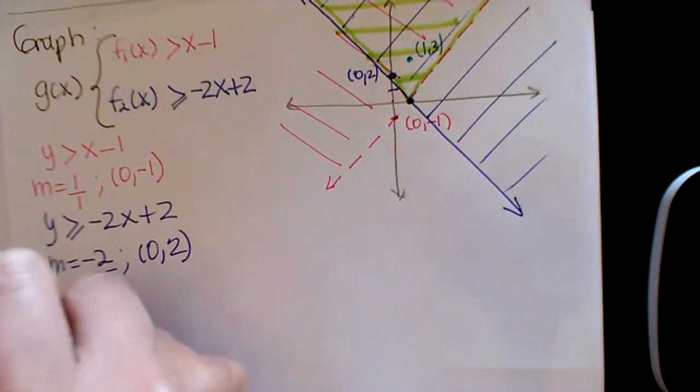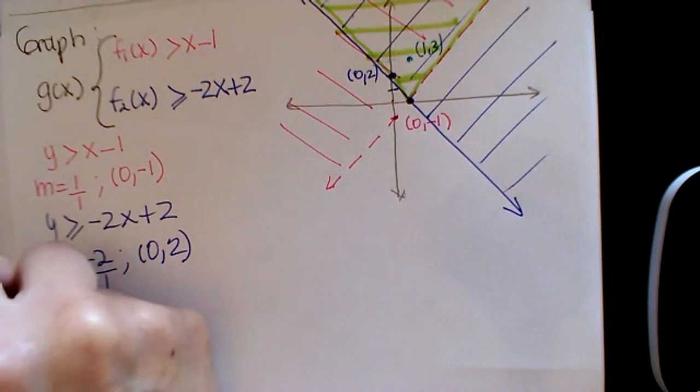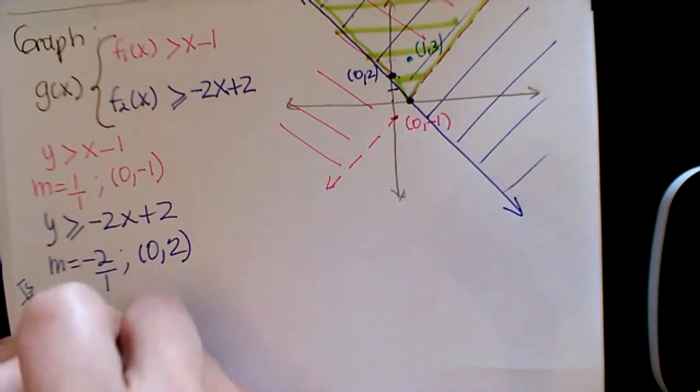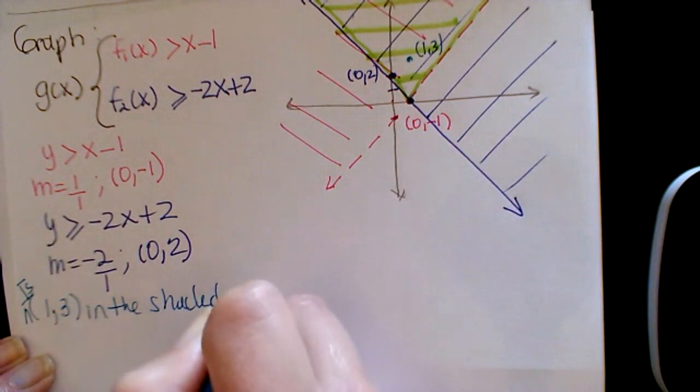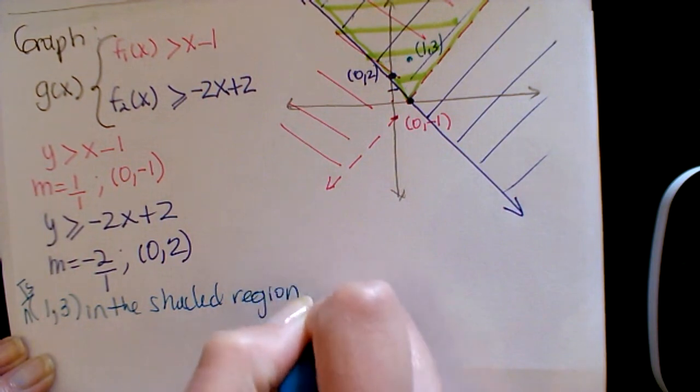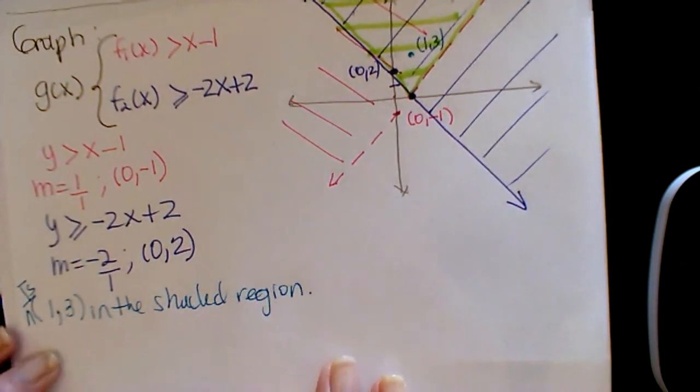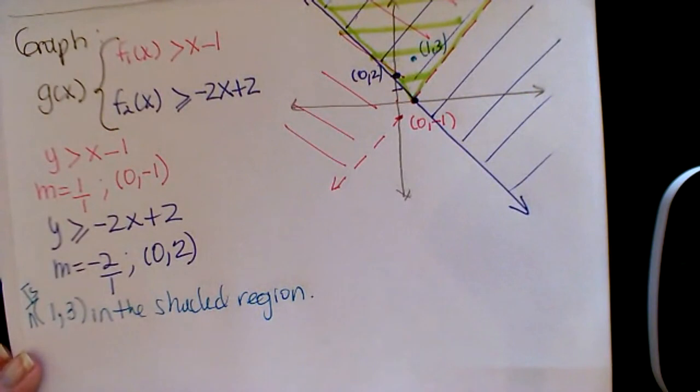Is 1, 3 in the shaded region? So we're going to check this.